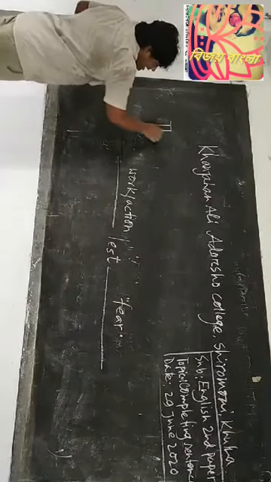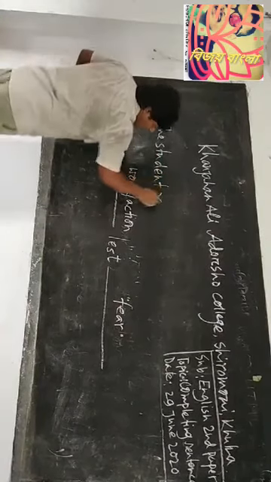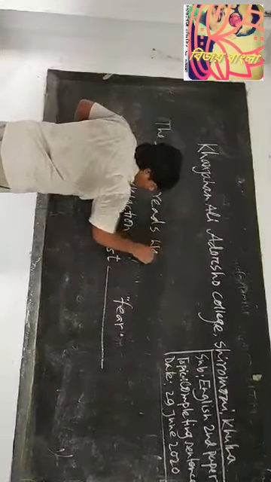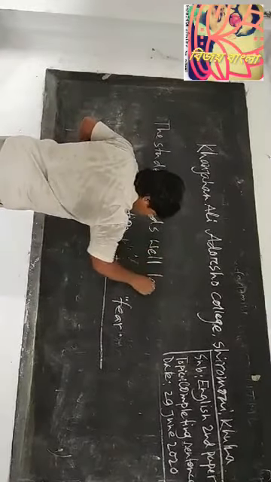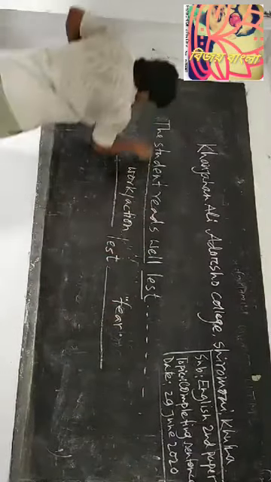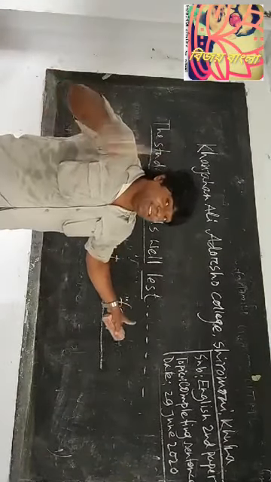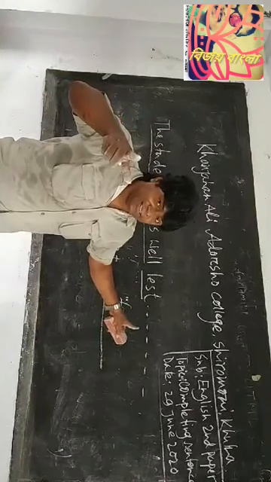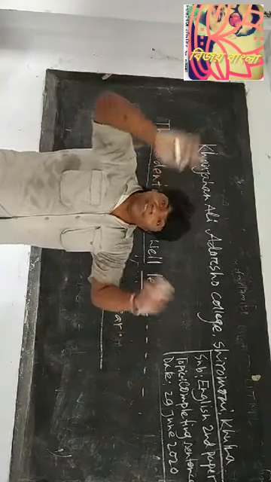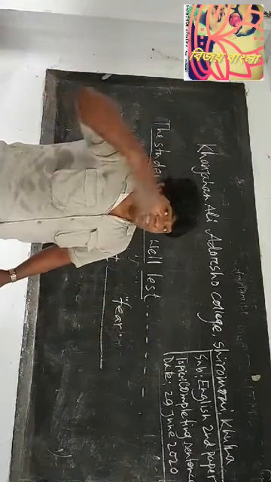The student reads well. Lest. Okay. Look at the sentence. The student reads well. It is his action or deed or work. He reads well. He reads attentively. For which fear?